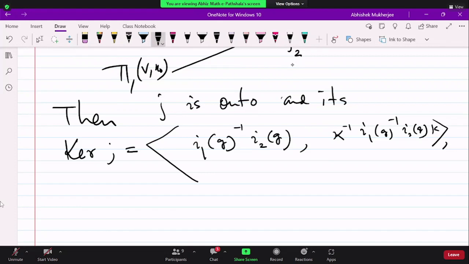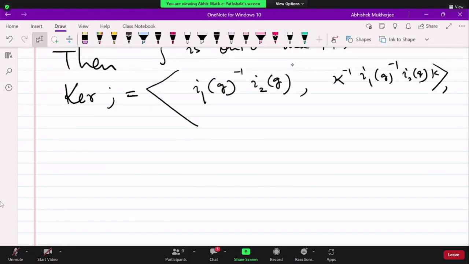Okay. What are i1 and i2? These are the induced homomorphisms from the inclusions.